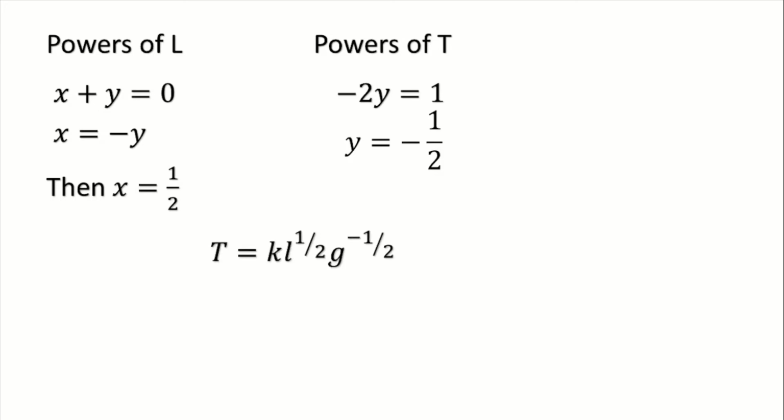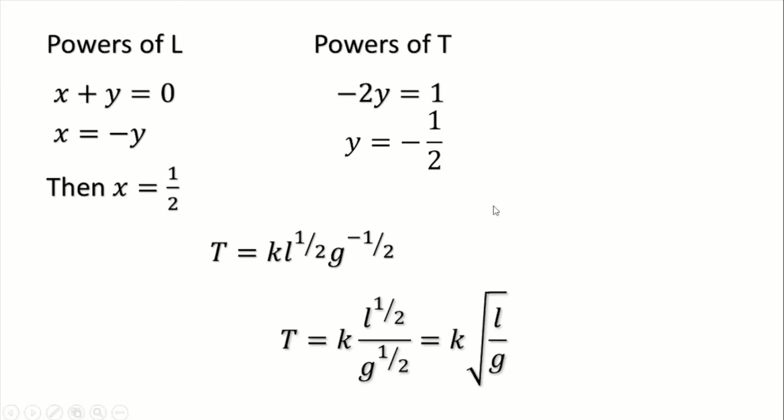Now I can substitute these values into our relationship. T equals k times L to the power half times g to the power minus half. I can turn the negative power into a positive power by bringing it down. Then we know that the half power means square root. Then the final equation I obtain is T equals k times the square root of L over g.